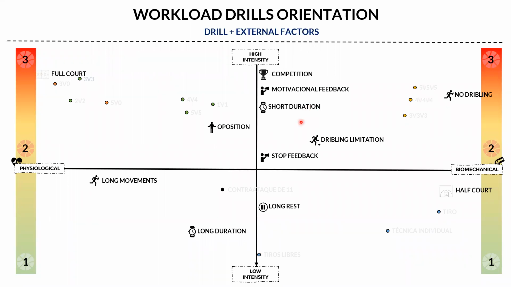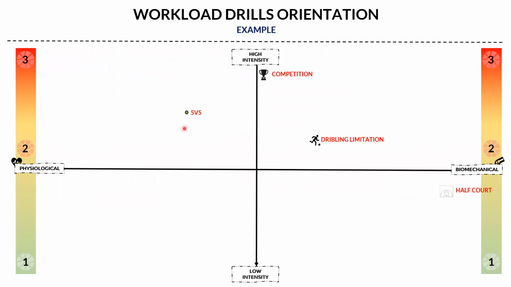So, for example, if we have a 5 versus 5 exercise and we include competition and dribbling limitation, for example, just one dribble, we will change a physiological running-based exercise into a biomechanical orientation.